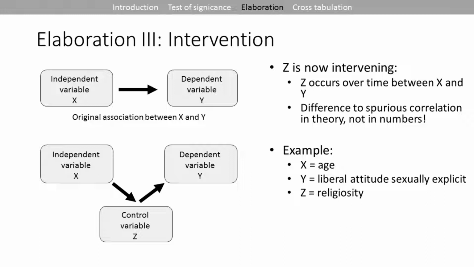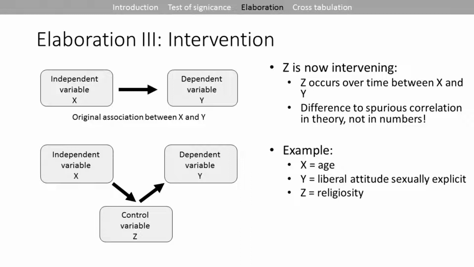The x here is now age, y is liberal attitude slash sexually explicit behavior, or more openness to sexual acts. Let's just say the culture is more open in that area, and the z is going to be how religious you are.